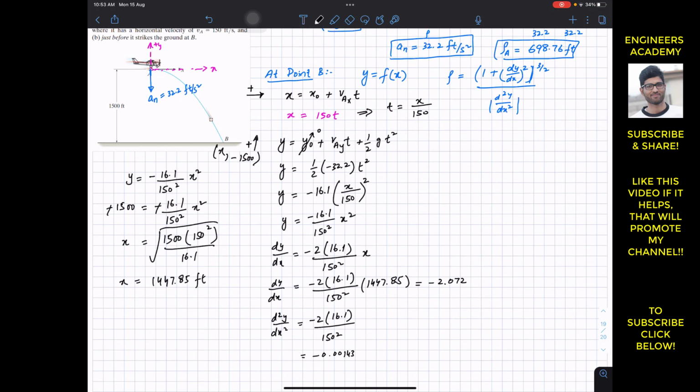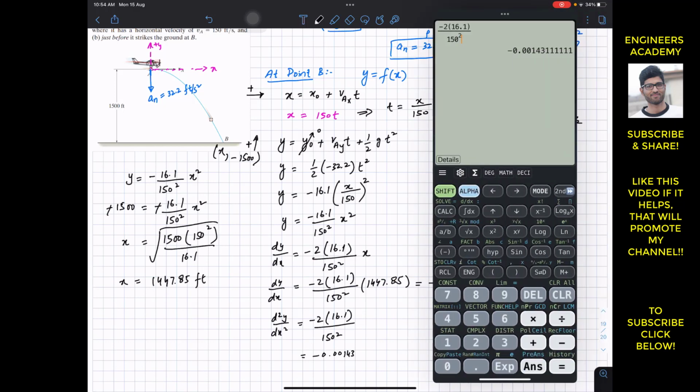So now the radius of the curvature at point B will be equal to 1 plus dy by dx, so dy by dx is minus 2.072 square, to the power 3 divided by 2, divided by the absolute value of d square y by dx square. So the absolute value will be the positive value, so this is 0.00143.